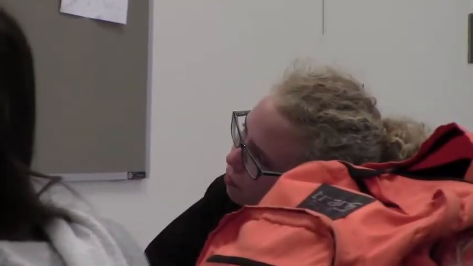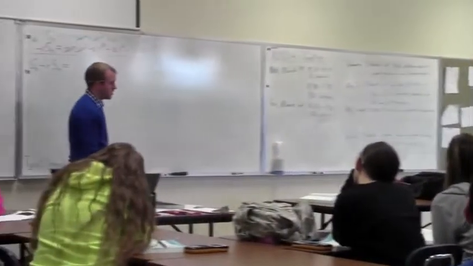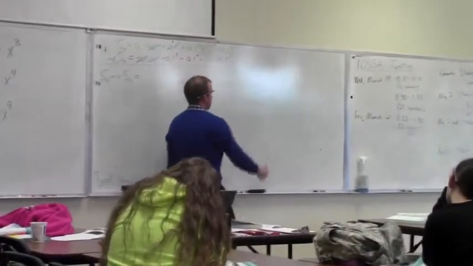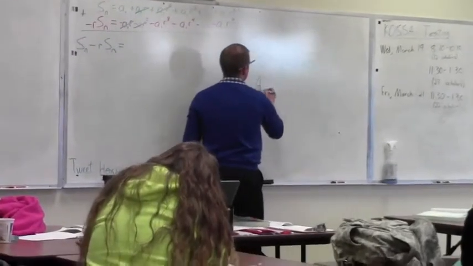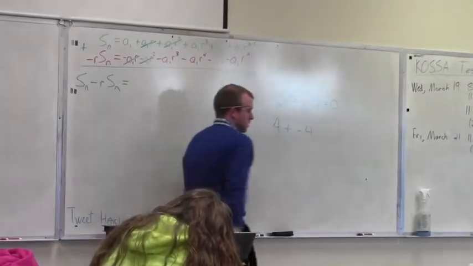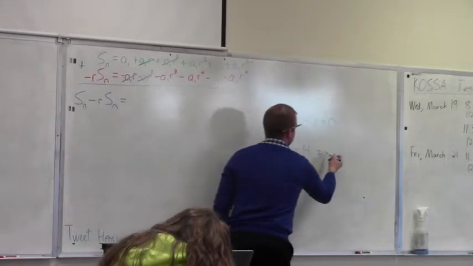Would it turn into a negative? I don't think so. Let me give you a different example. What if I did 2 plus negative 2? What is that? What happens when I do 2 plus negative 2? I get 0. Okay, so what do you think might happen when I do 4 plus negative 4? 0.